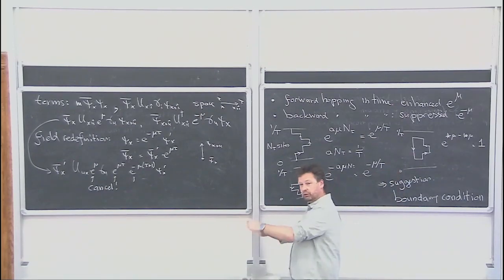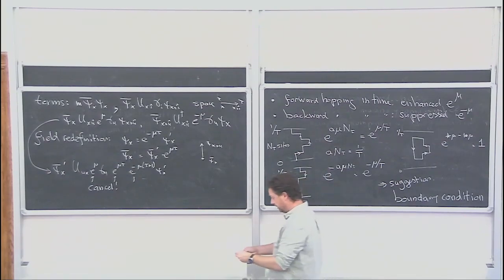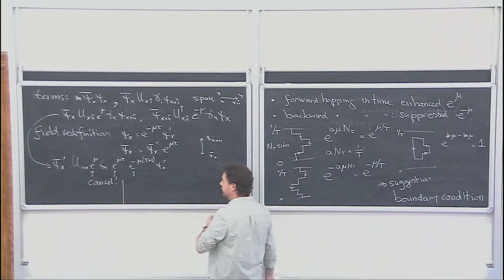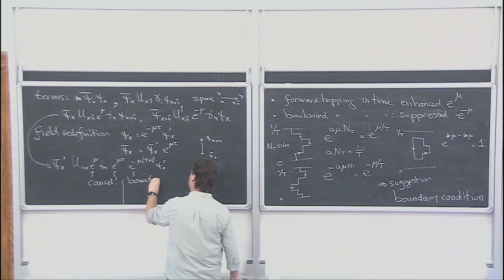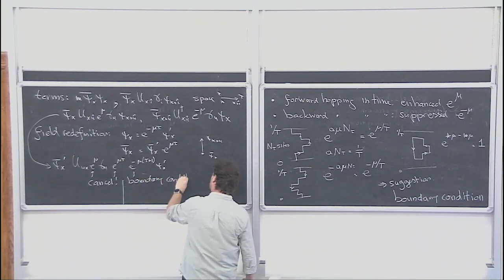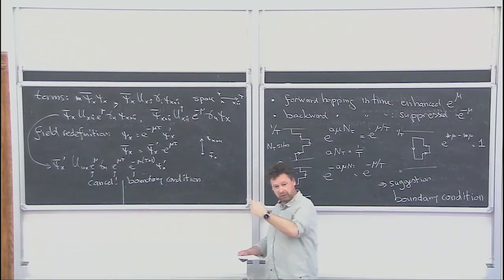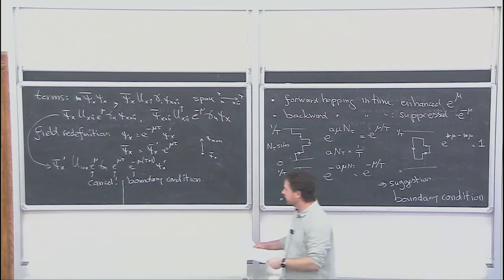However, I have a boundary condition. I have to go around the temporal loop, so I cannot do this forever. And so the mu dependence pops up as the boundary condition, as I mentioned. So what was the original boundary condition? For the original field, I used periodic boundary conditions. Actually, they're fermions, so I have to use anti-periodic boundary conditions.